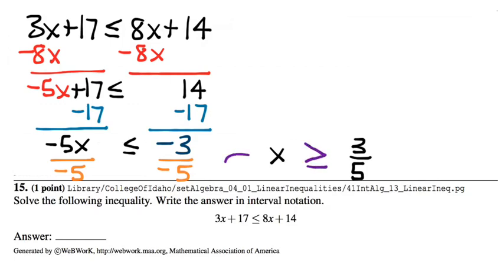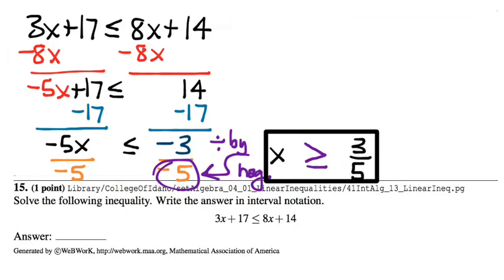Yes, exactly. We divided by a negative. And so this inequality has to flip from less than or equal to into greater than or equal to. And so that gives us the solution for our inequality, written as an inequality.